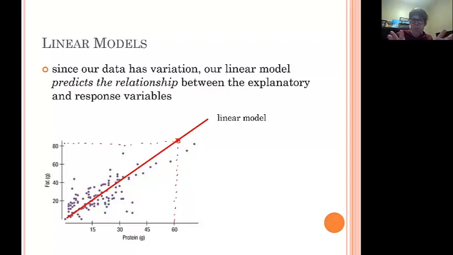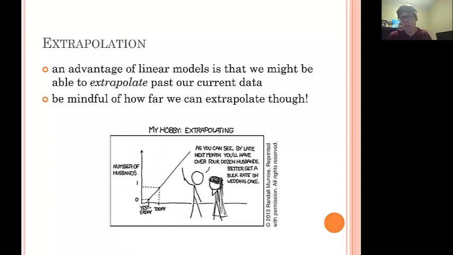But making educated guesses based on the model for smaller grams of protein makes sense, especially between 15 and 45. A lot of our data lies between 0 and 45, so extrapolating inside of that region is not unreasonable. But extrapolating for 300 might be a little unreasonable because we're not living in America. We're not going to be eating a burger that big.